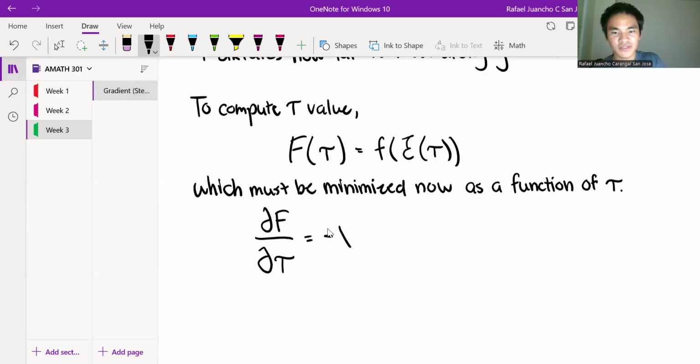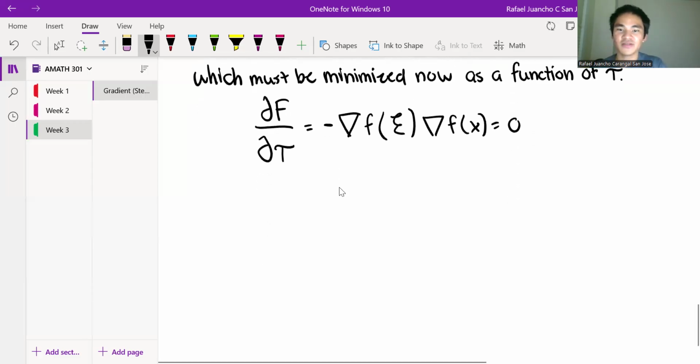And here I get the negative of the gradient, where I plug in my function in terms of tau, and I multiply it by its gradient, which I'm assuming is some chain rule or something. I'm not sure how it goes under the hood yet. I have to study partial derivatives and matrix calculus to really understand this.